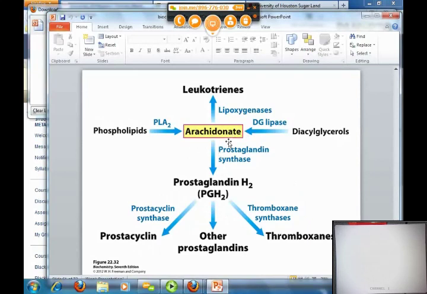Arachidonic acid is a fatty acid, and it plays a major role in controlling inflammation or pain. Whatever we experience in the local area of the tissues, arachidonic acid metabolism is heightened. So the painkiller, aspirin or whatever painkiller you are taking, has a profound effect in inhibiting prostaglandin synthase, and thereby you will not suffer from pain.